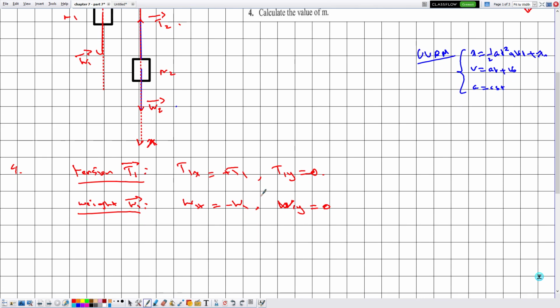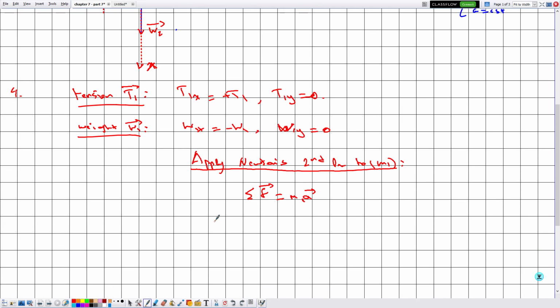Now let's apply Newton's second law to M1, which is given by the sum of forces is equal to M1A. Now the forces that are acting on M1 are given by T1 and W1, which is equal to M1A.